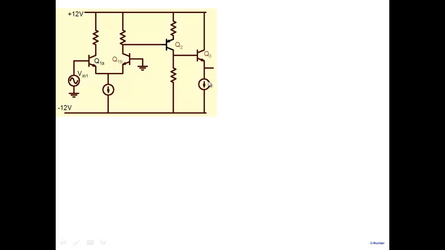So this is a very simple output stage. Obviously, this stage doesn't have very good efficiency. We saw that efficiency is at most less than 25% or so. So a better op amp would have a push-pull stage in order to achieve a reasonable efficiency.